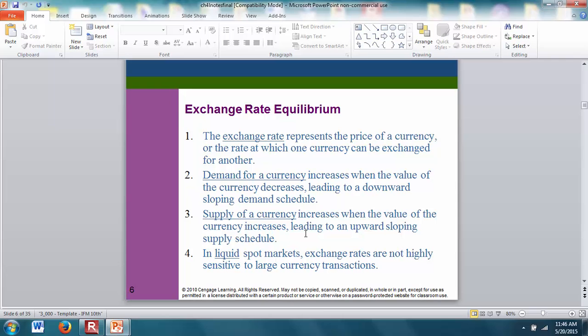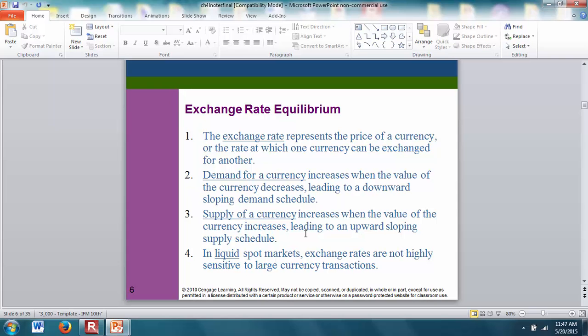So as the prices go down, more and more people want to buy the currency. What about the supply? Supply of a currency increases when the value of the currency increases, leading to an upward sloping supply schedule. So as there is more demand for the currency and the price goes up, we can expect the supply also to go up.